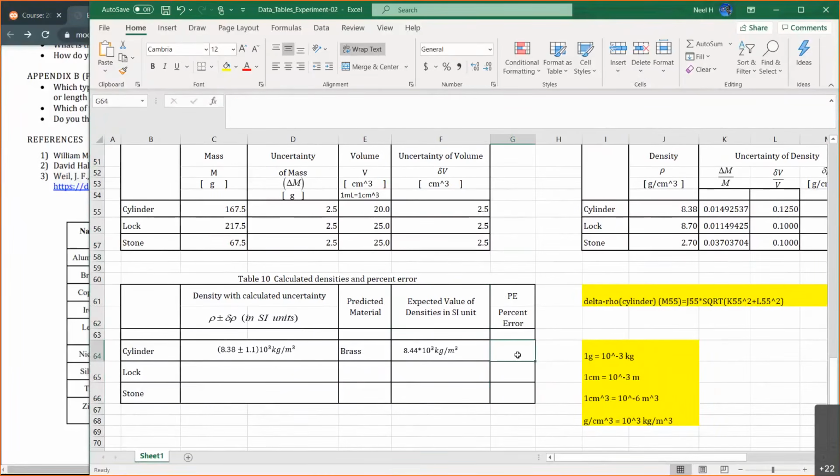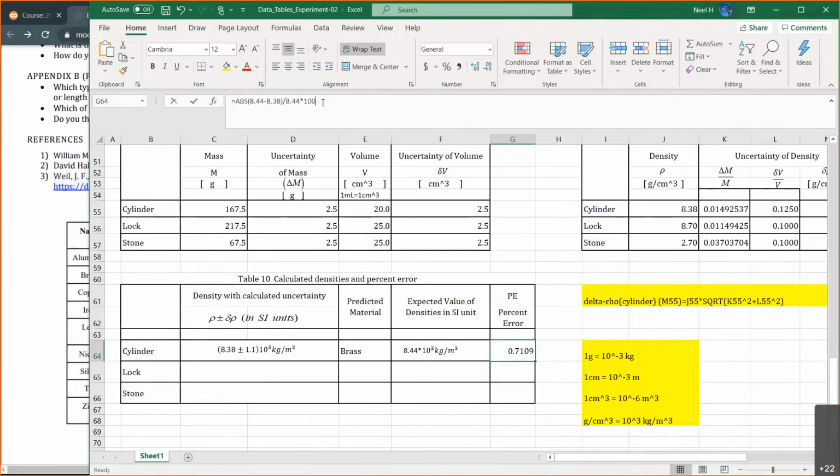Let's compare this. Equal sign, ABS, parentheses, standard value 8.44, that's the expected value, minus the value you got, 8.38, close bracket, divide by expected value 8.44, multiply by 100. Delete that extra space.